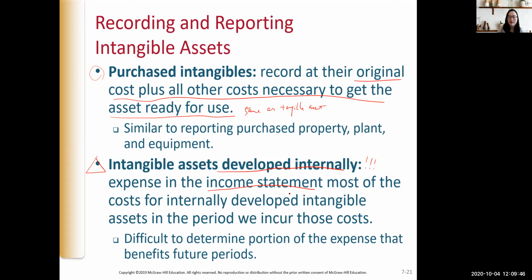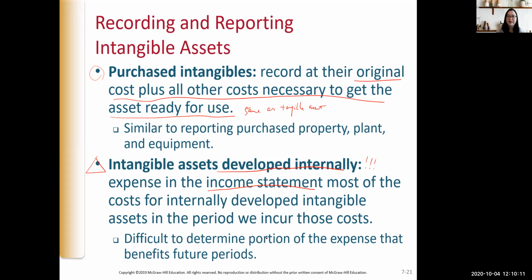So therefore, it's very difficult, and only specific items can be capitalized. It's very difficult to determine what portion of the expenses you incur should be expensed and what portion should be capitalized. But there's one golden rule.